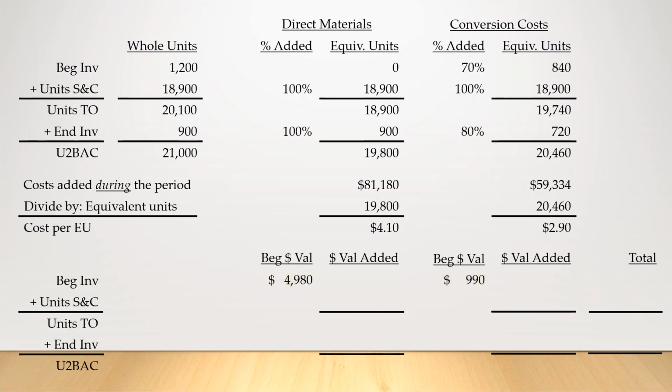Now, as previously described, we multiply our equivalent units in the top table by the cost per EU to get the monetary amounts in the bottom table.